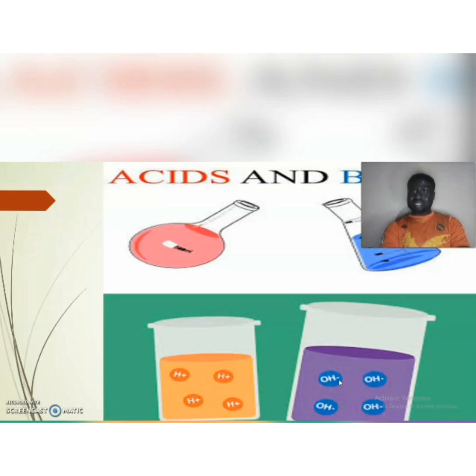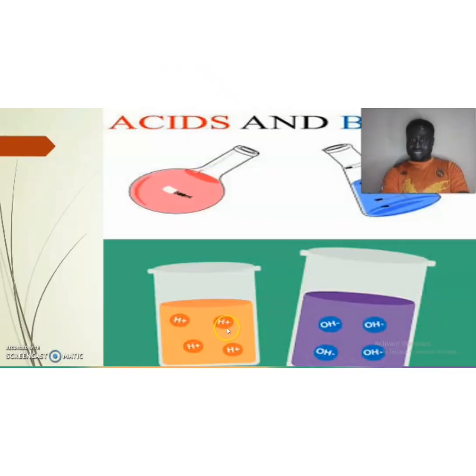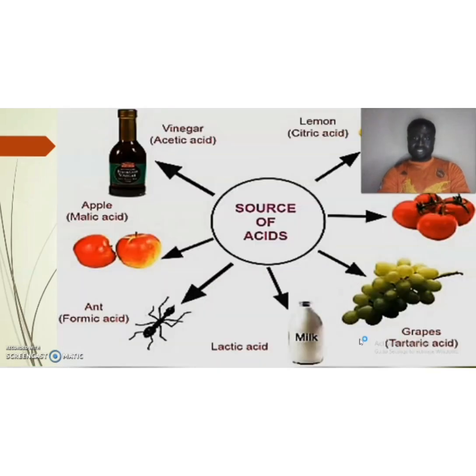Now these are the main elements found in these substances that give them their characteristic name, acids and bases. So for an acid, like I said earlier, you will always find the presence of hydrogen ion. These are the charges that make it have its acidic characteristic, while the hydroxyl ion OH- is what gives bases their characteristics.